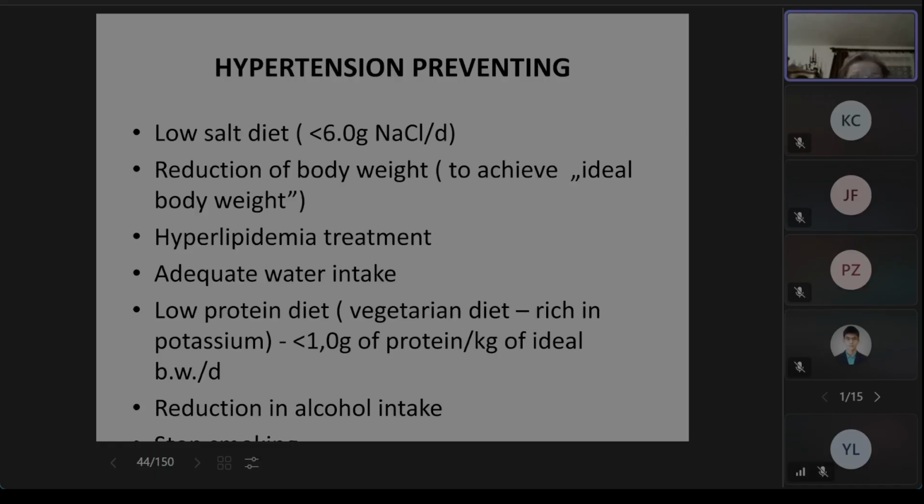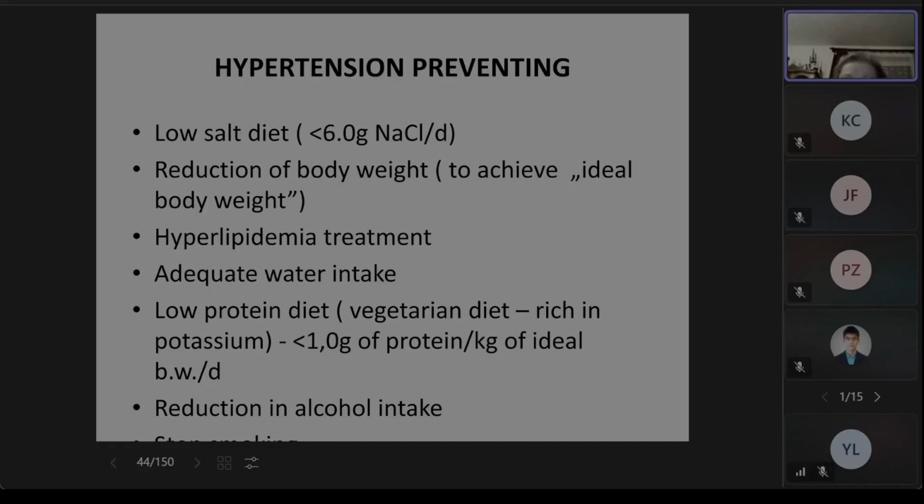Second, it is important to highlight the reduction of body weight in order to achieve the so-called ideal body weight. Third, it is very important to get a proper lipid profile, because in some patients we can also observe hyperlipidemia, and hyperlipidemia, as you know, can lead to atherosclerosis.